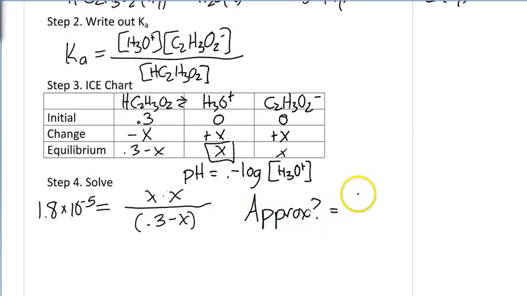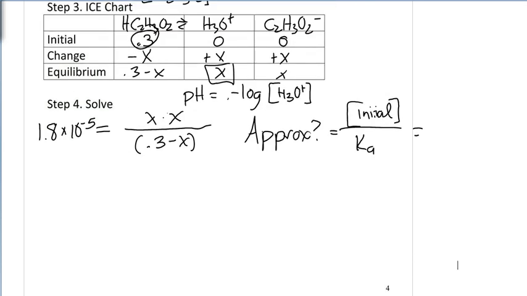So what we'll do is we'll take our initial concentration and divide it by the Ka value. So we'll plug in our initial concentration of 0.3, our Ka value, which was 1.8 times 10 to the negative fifth. And if that number is bigger than 1,000, then we can do the approximation.